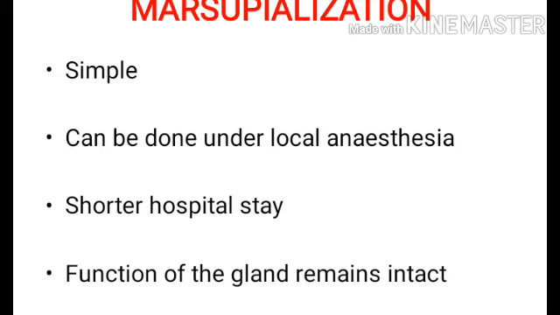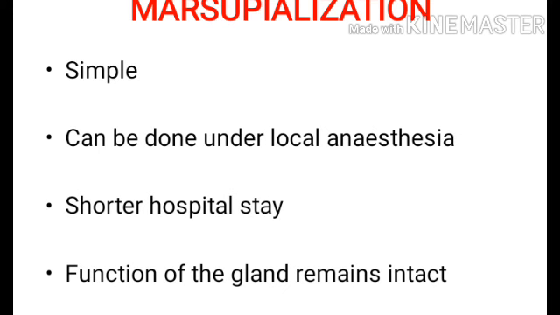The most important feature of marsupialization is that the function of the gland remains intact. After excision, or removal of the Bartholin glands, the function of the gland is lost. In marsupialization, we are not removing the gland, so its function is not lost.